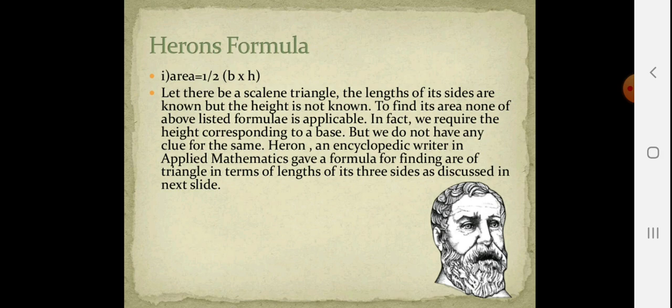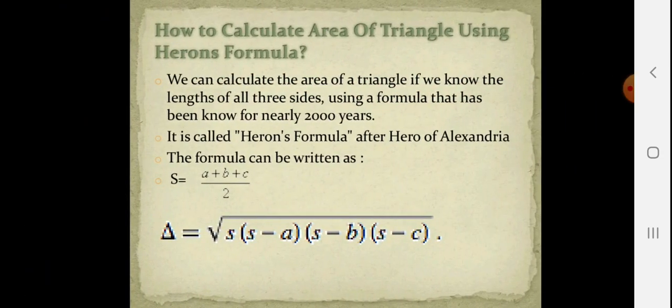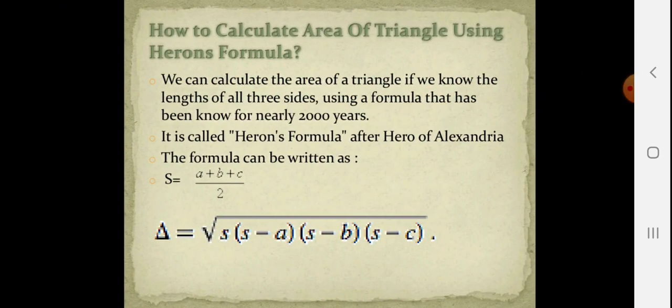So, Heron, an encyclopedic writer in applied mathematics, gave a formula for finding the area of the triangle in terms of the lengths of its three sides, as discussed in the next slide. How to calculate the area of a triangle using Heron's formula? We can calculate the area of a triangle if we know the length of all three sides using a formula that has been known for nearly 2000 years.